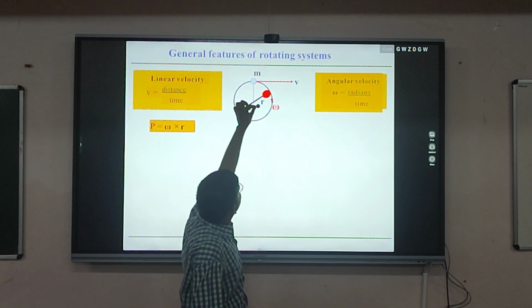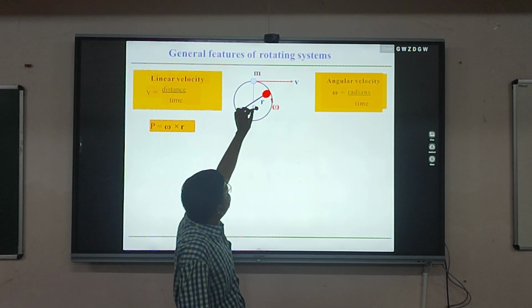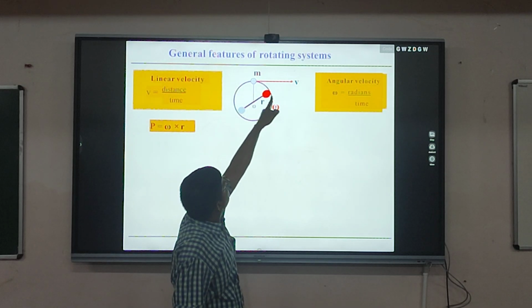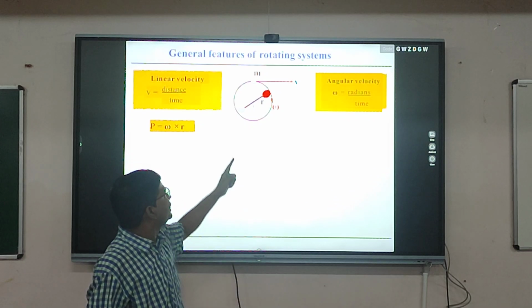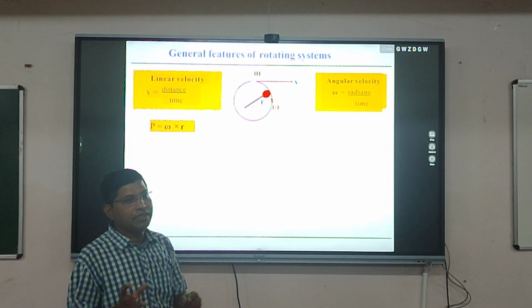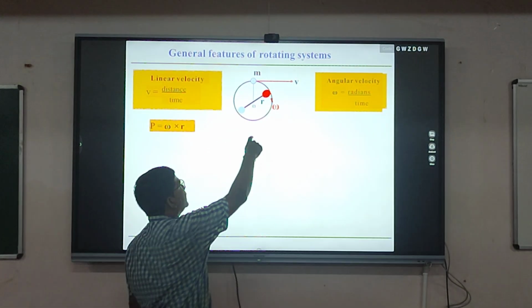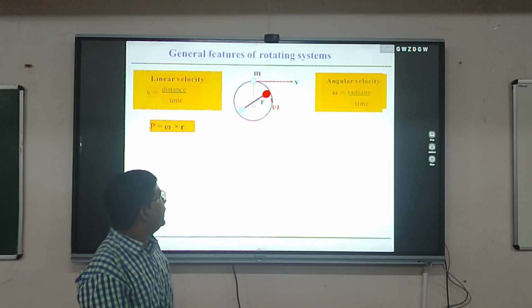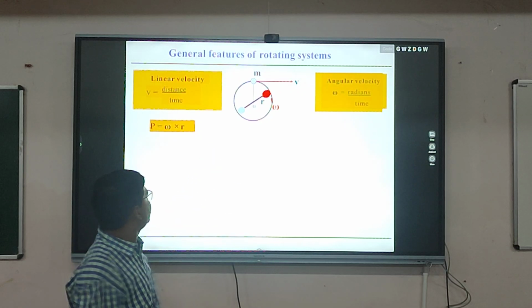In microwave spectroscopy molecules are rotating. The direction of linear velocity is the tangent drawn at any point of the circle, and this is the direction for the angular velocity of a rotating molecule.